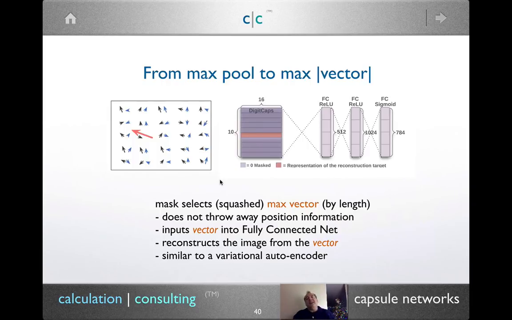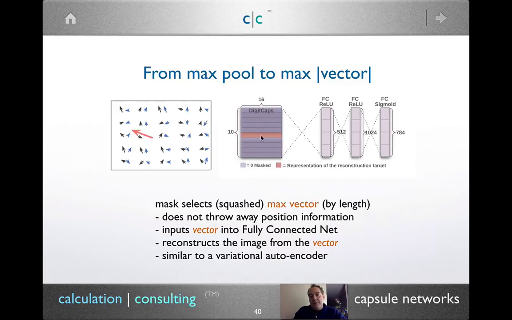So again, the idea is that we go from max pool to max vector. Imagine this is our collection of vectors in our capsules, our digit caps. I just took this image from someone else to show there's a vector here, which is maximum.